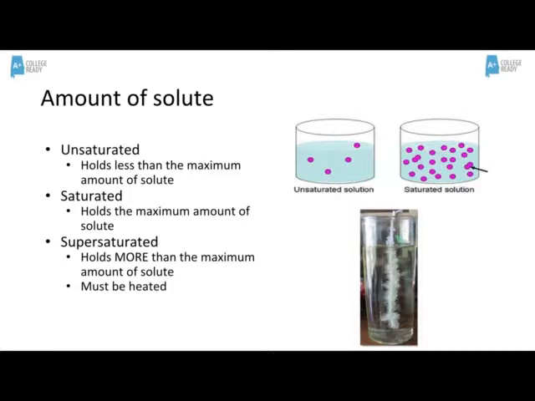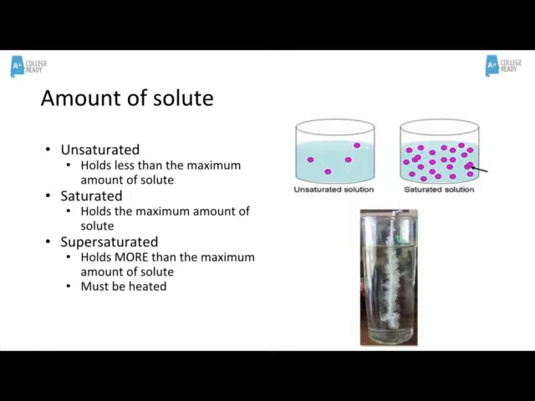Unsaturated holds less than the maximum amount of solute at a certain temperature. When we're talking about solubility and the amount that can be dissolved, it has to be at a specific temperature, because if you change the temperature, you change the solubility. So unsaturated means it holds less at that temperature than can be dissolved, so you have the ability to dissolve more.